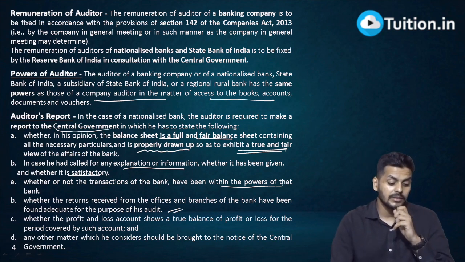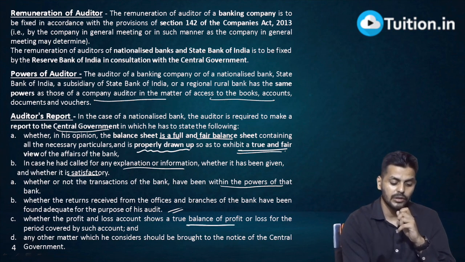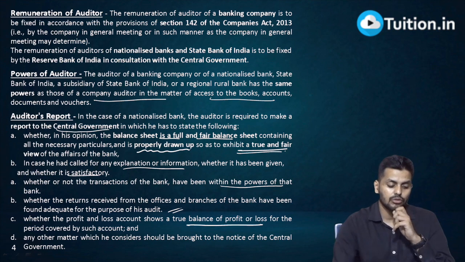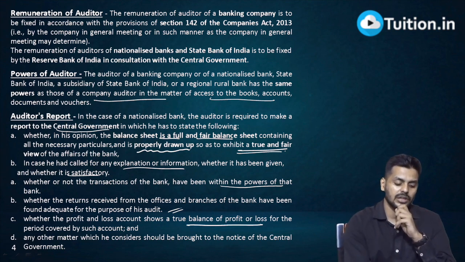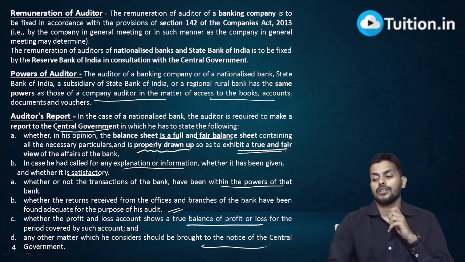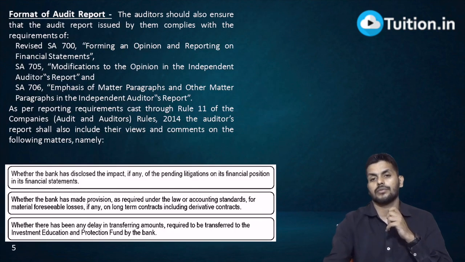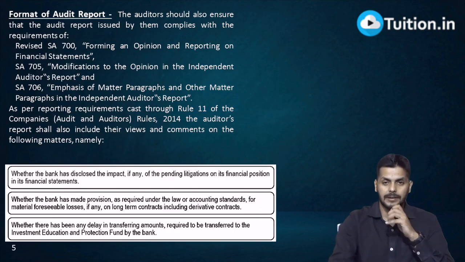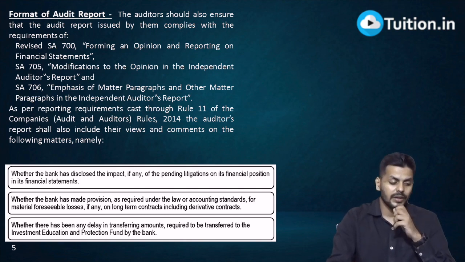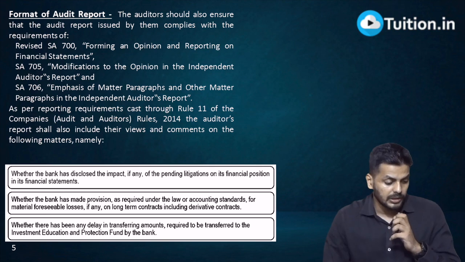So whether the returns have been received from the branches, whether the P&L account shows a true balance of the profit or loss for the period covered by such account, and any other matter which he considers to be brought to the notice of the central government. So whatever is the matter that he is willing to bring up to the knowledge of central government, that.